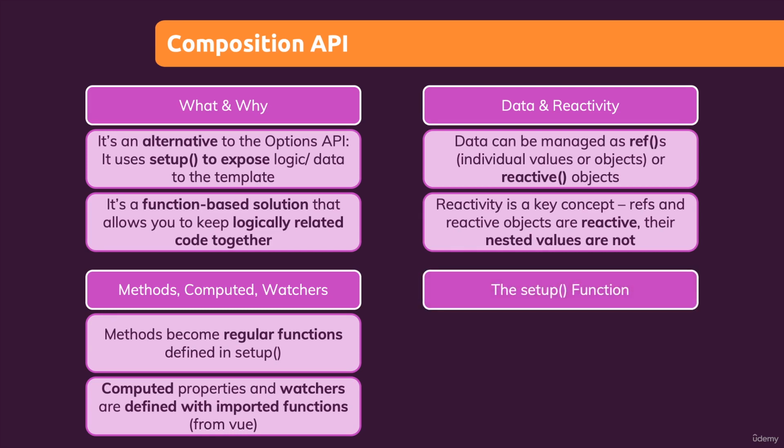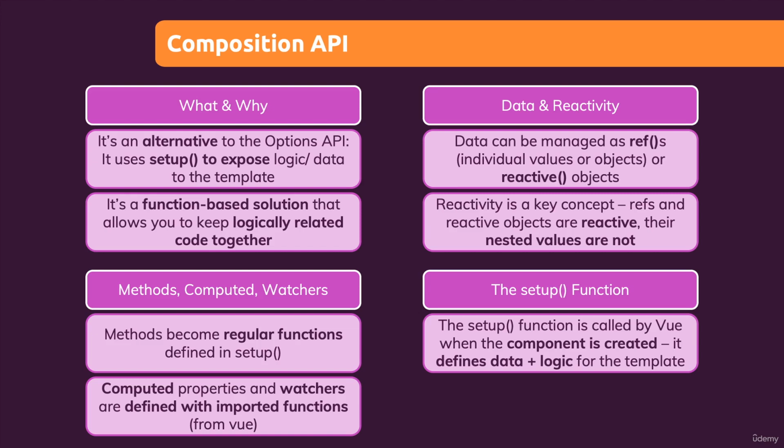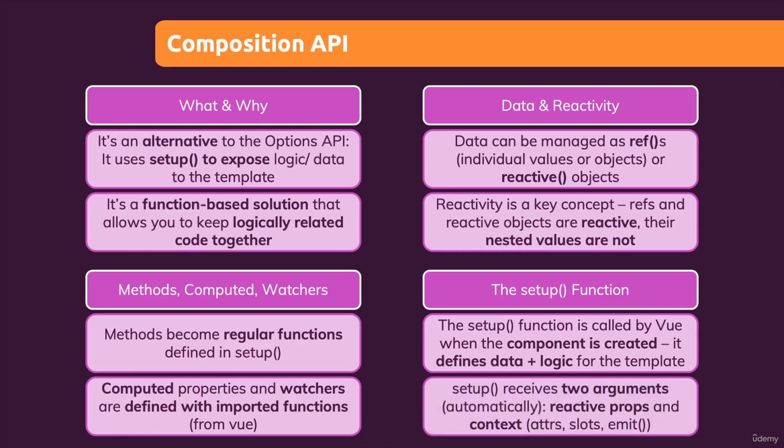And now if we have a closer look at this setup function, which we define in our component config object, this setup function is called by Vue when the component is created. And in there you define all the data and logic for this component and, most importantly, for the template. So what you return in setup is available in the template, as you learned.